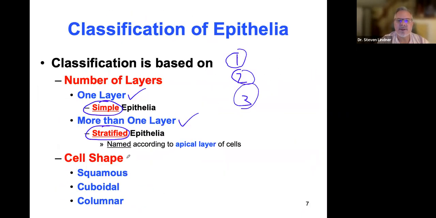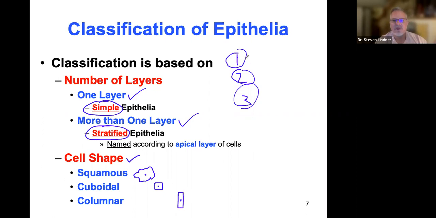The third question we ask ourselves is, hey, what's the cell shape? If it's this flat, irregular shaped cell, it's called a squamous cell. If it looks like a square or a cube, then we call it a cuboidal cell. And if it looks like a tall building or a column with a nucleus, then we call it columnar.